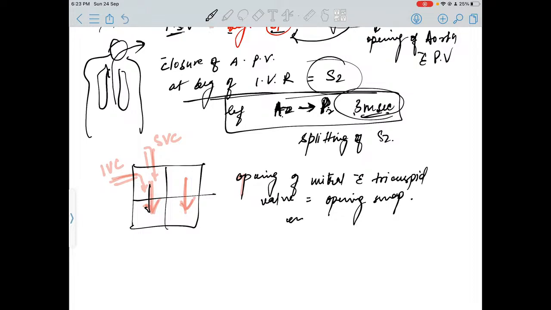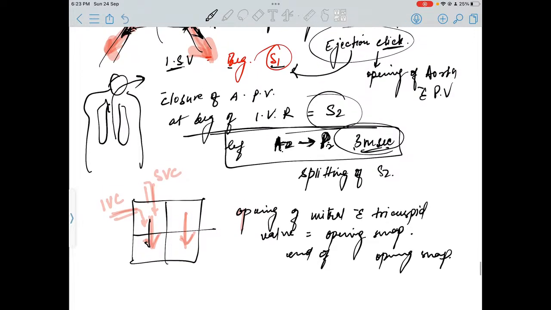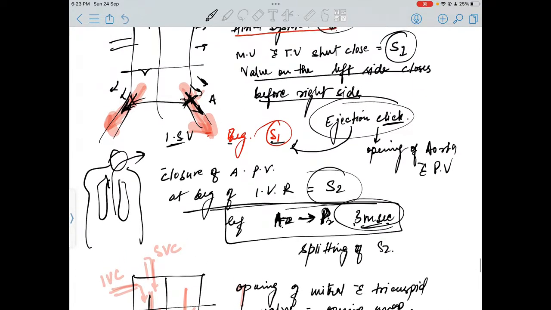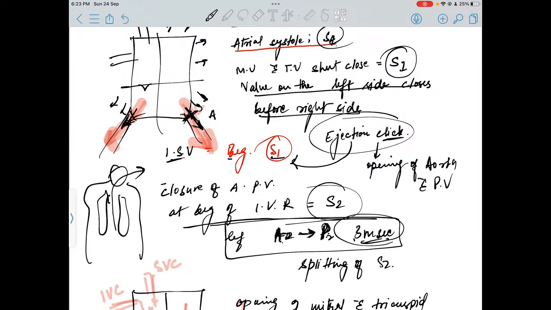At the end of it, and at the beginning of isovolumetric relaxation, S2 sounds come. At the end of it there's an opening snap, and at the beginning of isovolumetric contraction, S1 sound comes.